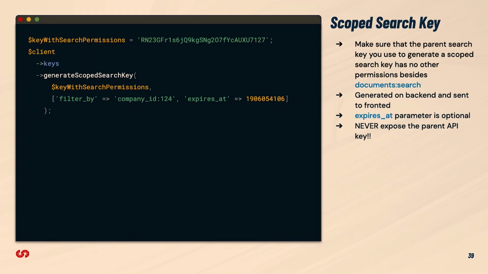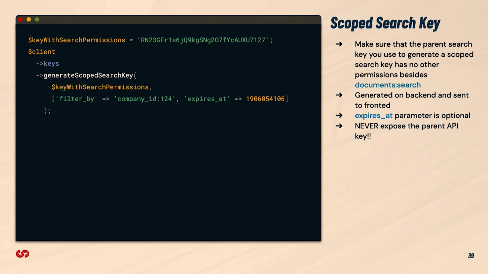You can do this with every Typesense library that exists. This example is with the PHP one, but it works also in JavaScript or whatever. So you take a key that has search permission that you generate in the backend, and then you generate a scoped search key that has some search parameters embedded.